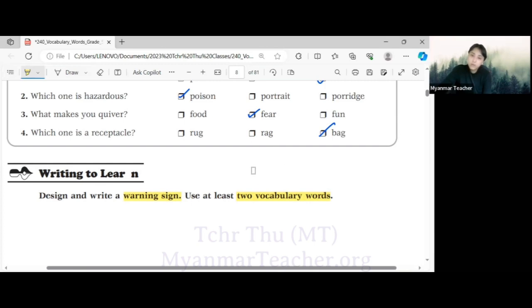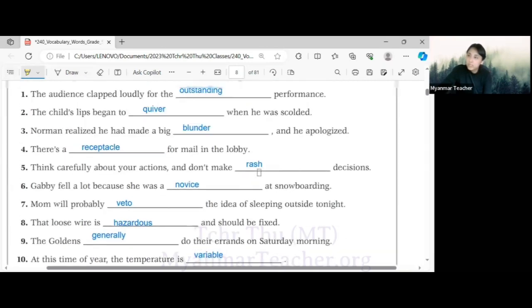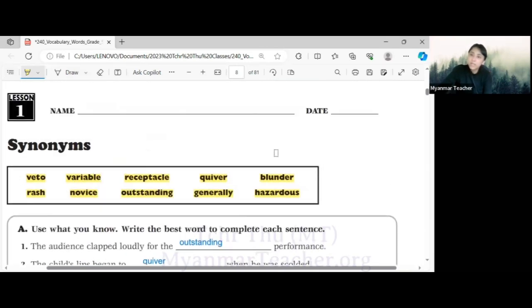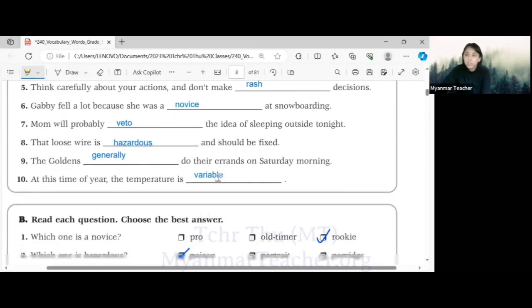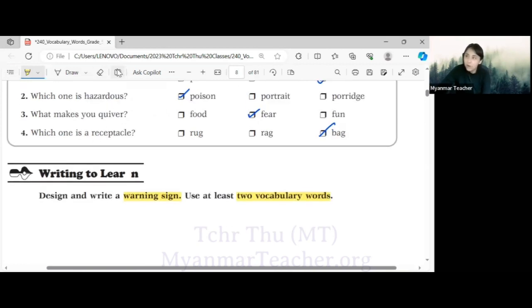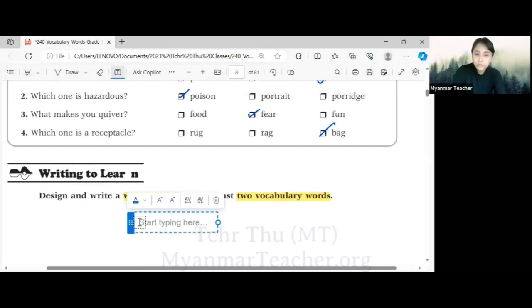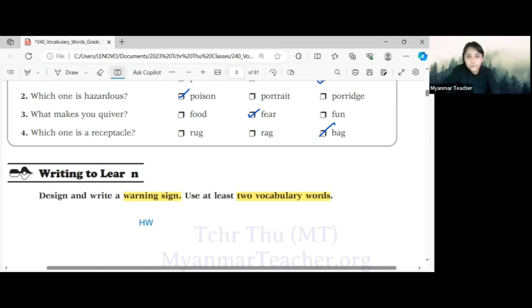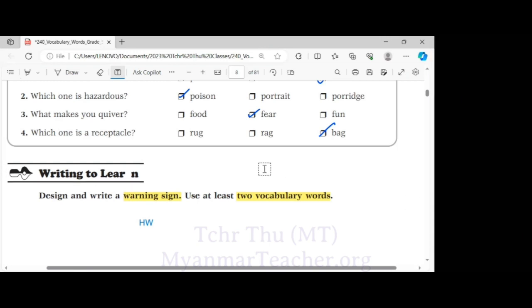So at least 2 vocabularies and you have to design and write a warning sign. That is the homework. Okay.